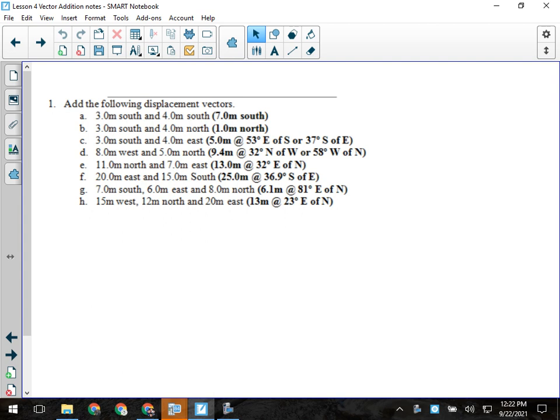But I want to use question number 1 here from your worksheet booklet, just to go over the different types of vector addition that we've gone over so far. Looking at 1A, I've got 2 displacement vectors. One is 3 meters south, one is 4 meters south. What kind of vectors are those?